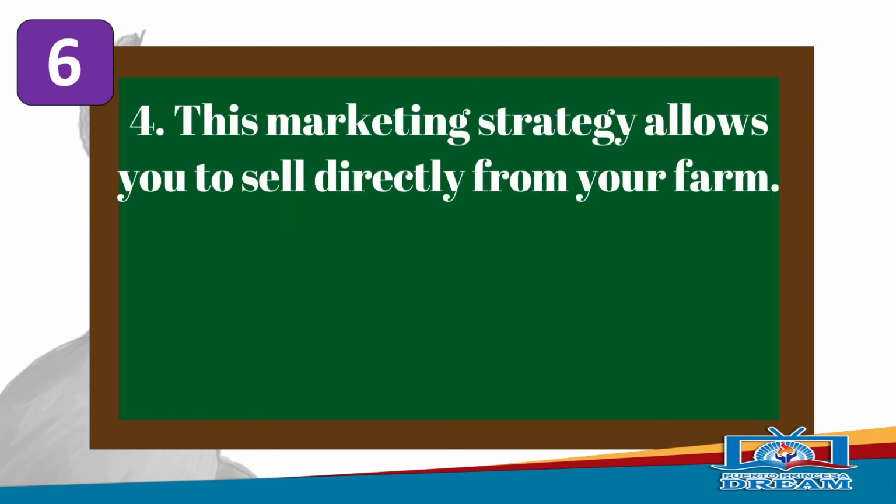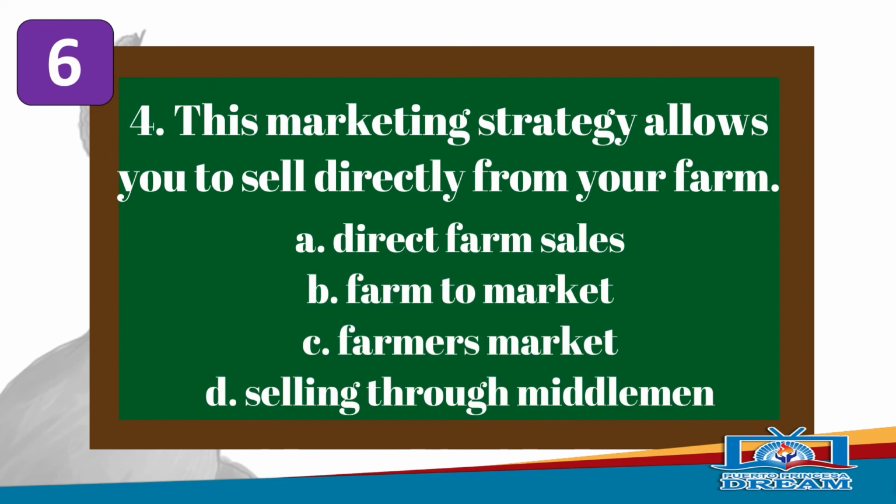Next, number 4. This marketing strategy allows you to sell directly from your farm. Is it A. Direct farm sales, B. Farm to market, C. Farmers market, or D. Selling through middlemen?